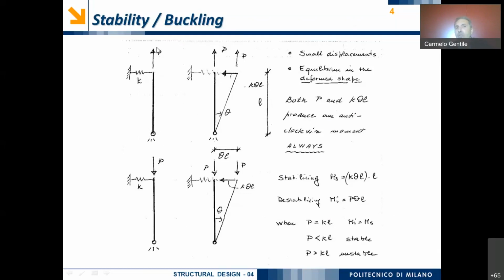And let us assume that this structure is subject to the action of a force in tension, okay?